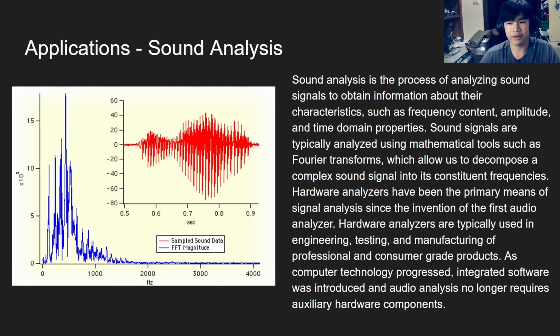This allows us to identify the frequency components that make up the sound and measure their amplitudes, which can in turn provide information about the characteristics of the sound, such as its pitch, timbre, and intensity. Moreover, the Fourier transform also enables us to perform filtering and manipulation of sound signals in the frequency domain, which can be useful for noise reduction, compression, and other signal processing applications.